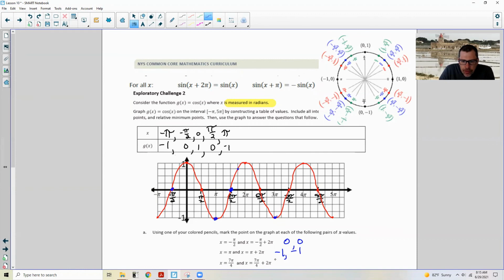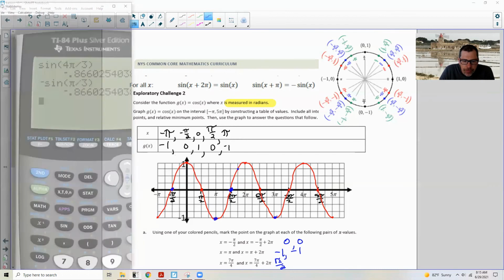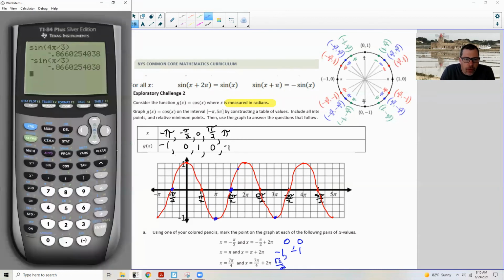And that should be the square root of 2 over 2, but I'm going to make sure, get my calculator, and we're doing cosine. And the first thing I do is go to mode, make sure we're in radians now, we're not doing degrees anymore. And I am going to put the cosine of 7 pi divided by 4.